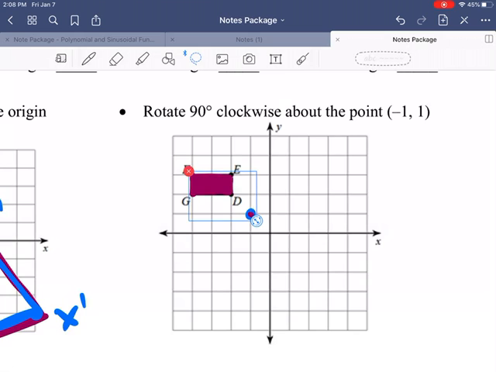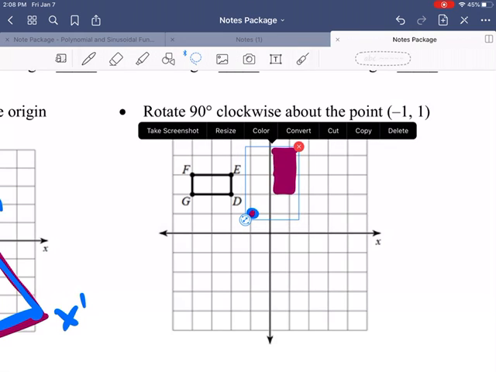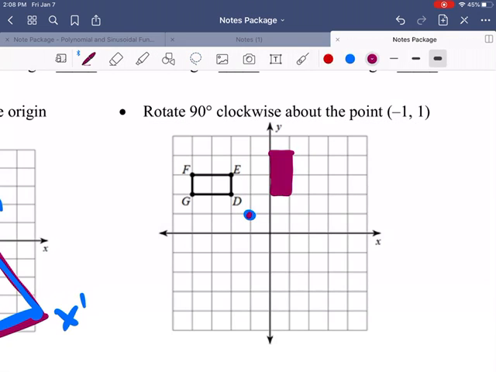So clockwise is going to rotate it around this way. Okay, so 90 degrees around that point gets the image being over in that quadrant. Okay, and you can mark your new points, and there's your new image.